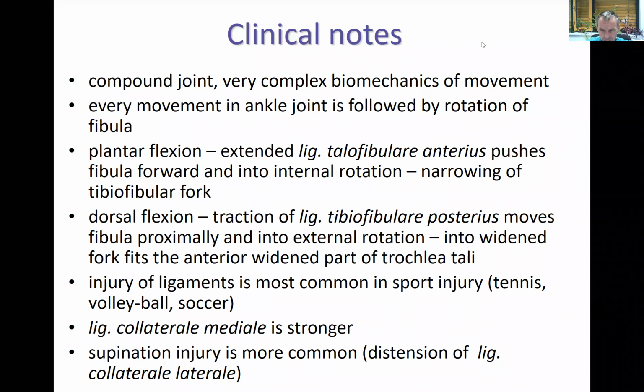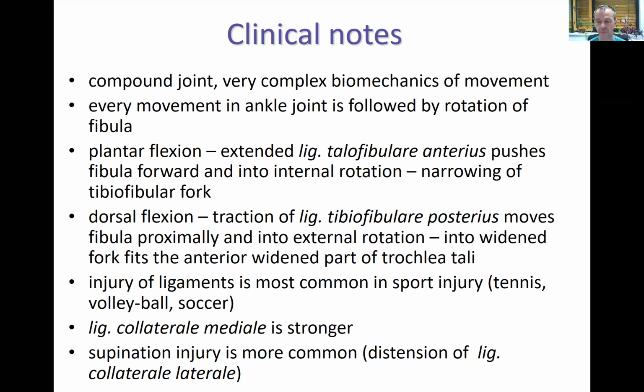And some clinical notes about this joint: during every movement in this joint, as the talus is wider ventrally and narrower dorsally, the fork of these two bones is still moving, and this movement is allowed by rotation.